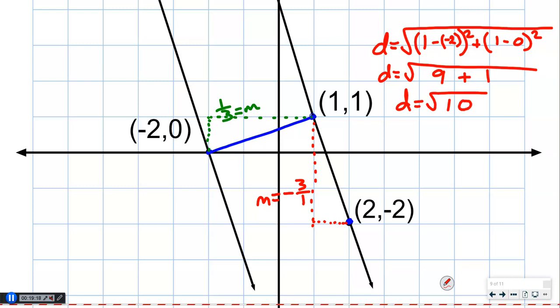So that equals the square root of 10, which is about 3.16.